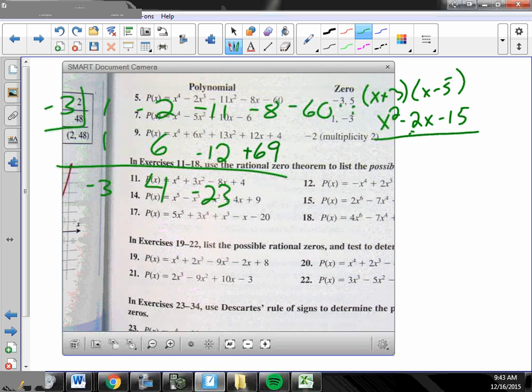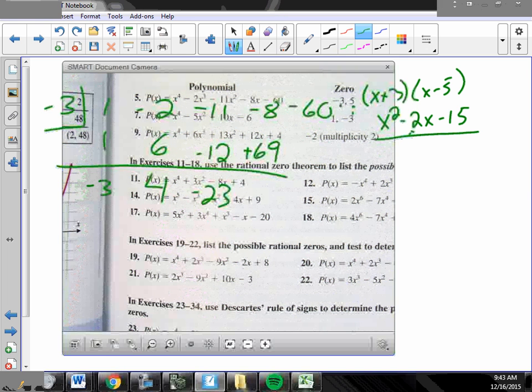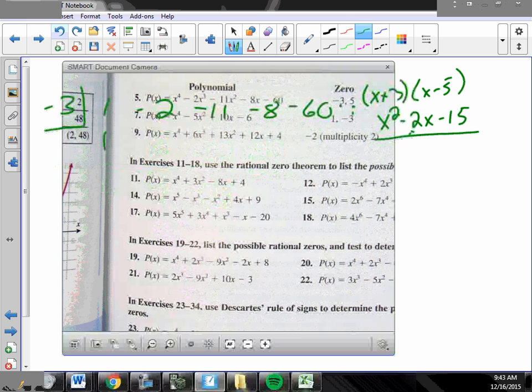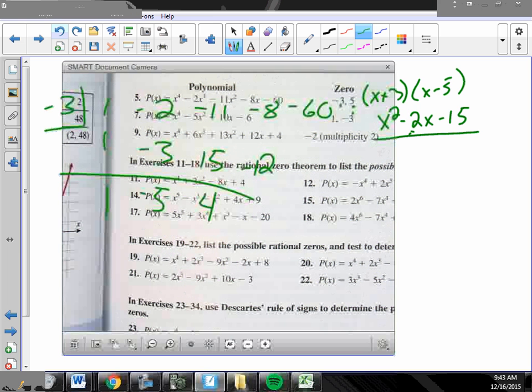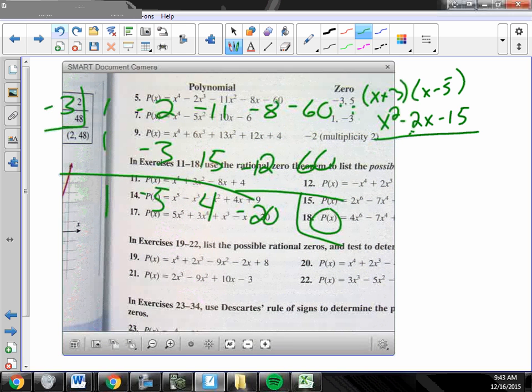Uh-oh, did I mess up? Oh, I did. Sorry. 1, negative 3, negative 5, and then that's 15, so 4, negative 12, negative 20, and 60, and that gives me the 0, so I know I did it right.